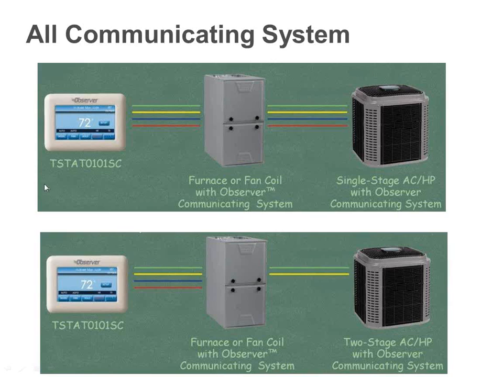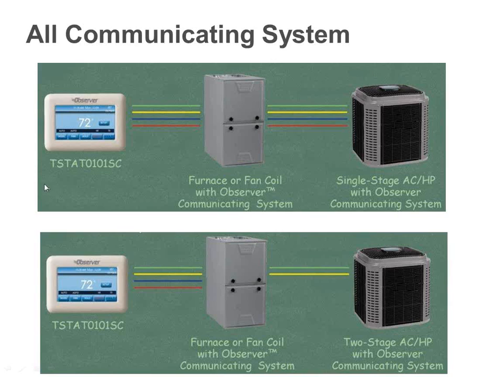However, if you have a communicating two-stage condensing unit, you actually only have to run two wires out there. I know it seems a little bit counterintuitive, right? I've got a single-stage unit, I need four wires, but a two-stage unit, I only need two wires, and that is in fact correct.